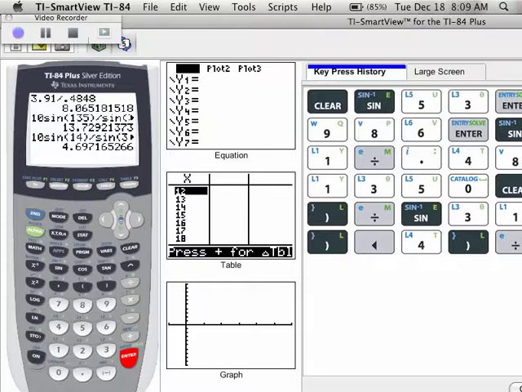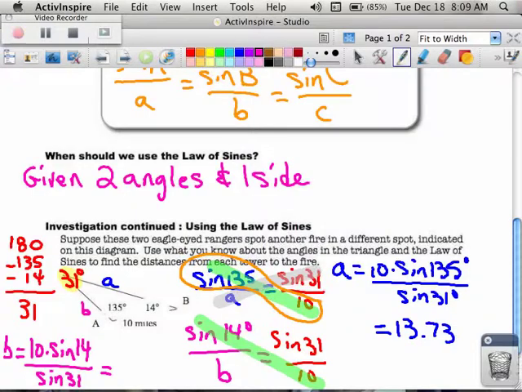So I get 4.7. And these are both, of course, in miles. So in case you didn't label the first time, make sure you label. These are in miles.